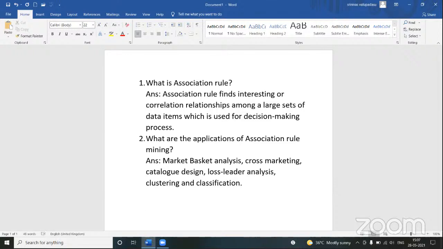Next one, third question. How are association rules mined from large databases?